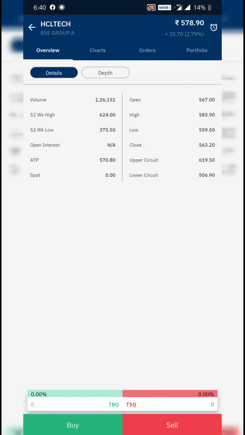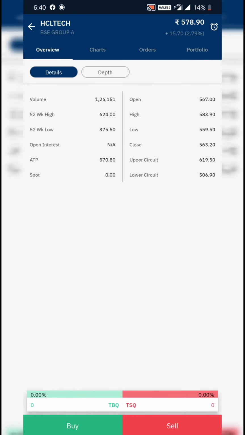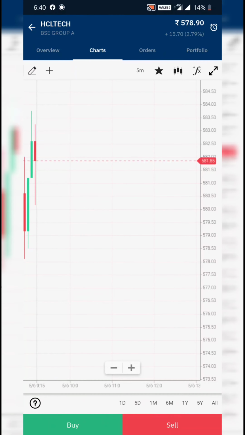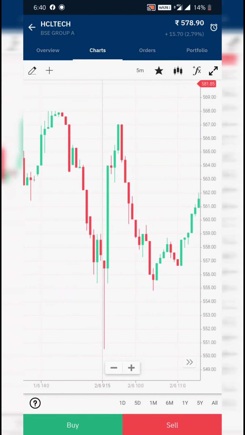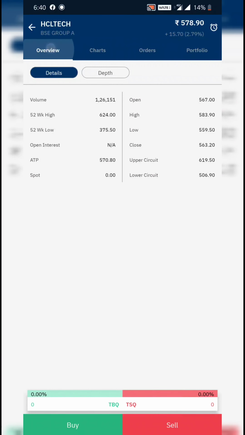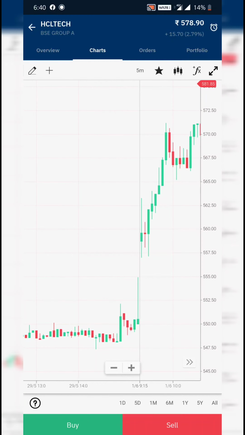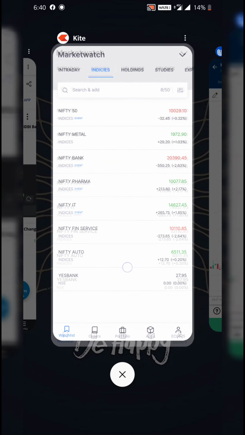You can buy the stock easily here like this and sell the stock very easily here, and you can see the charts, orders, everything, most of the stuff very easily, guys. Overview, depth, charts, everything in this Upstox and in Kite as well.